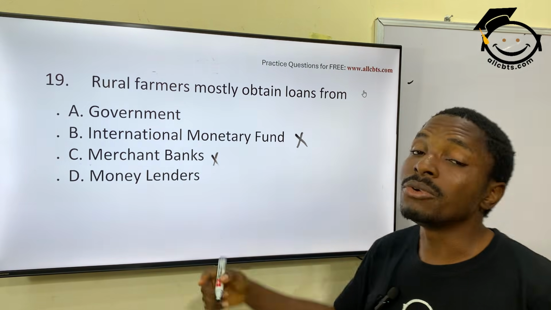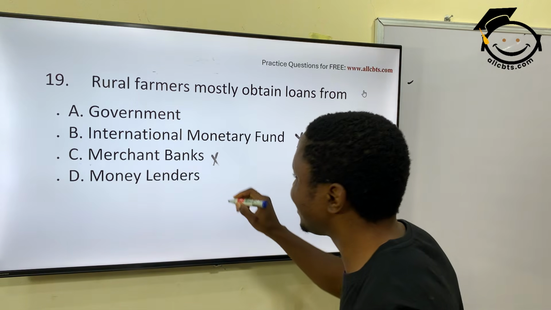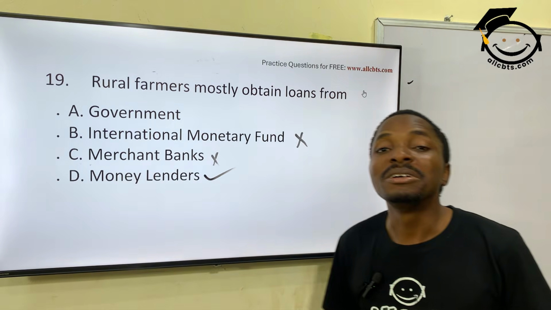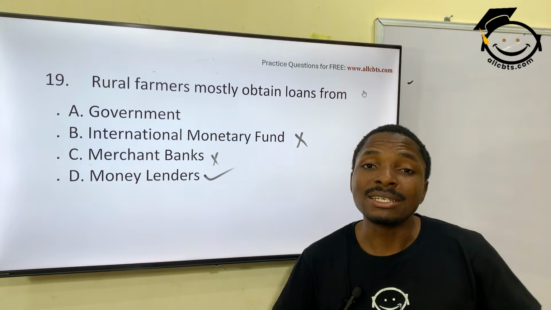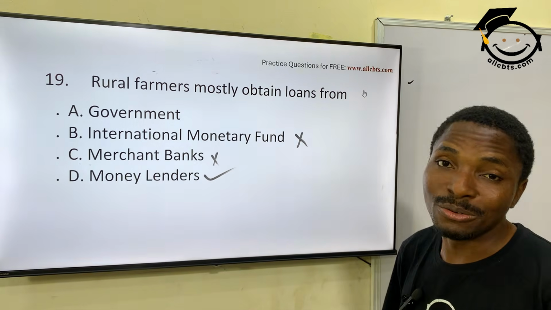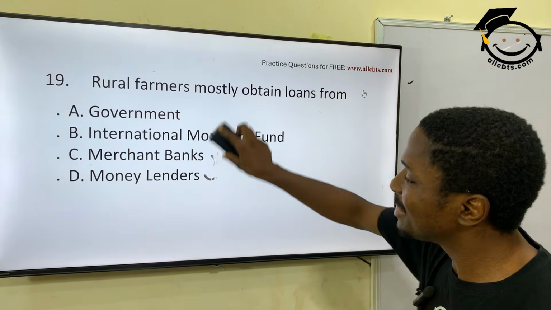Where they get it is from money lenders, like the likes of Lapo. So rural farmers mostly obtain loans from other family members or money lenders. Some rich farmers in the city who are money lenders lend them, give them loans. You watch it in Hollywood movies and Nollywood movies.